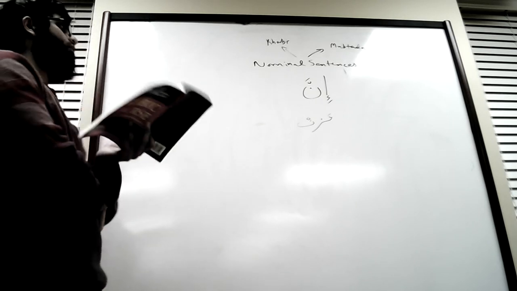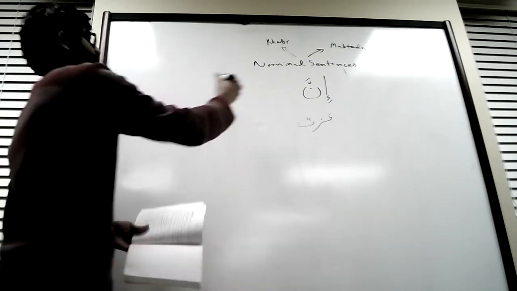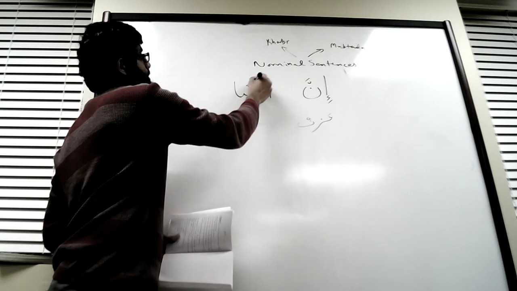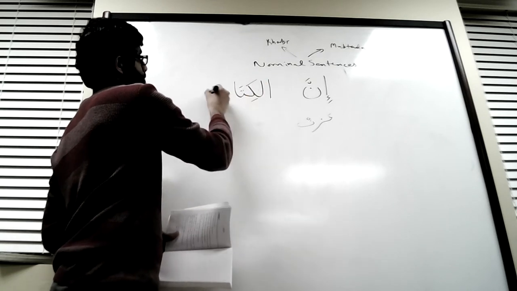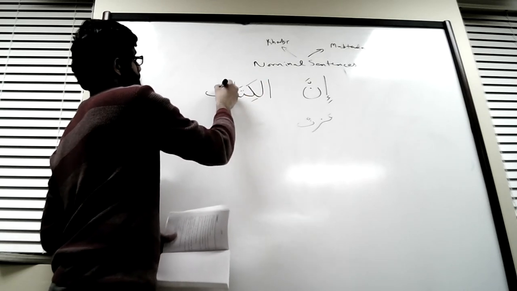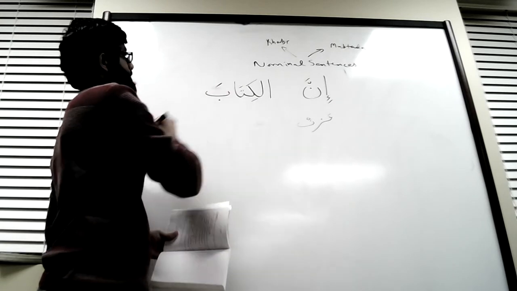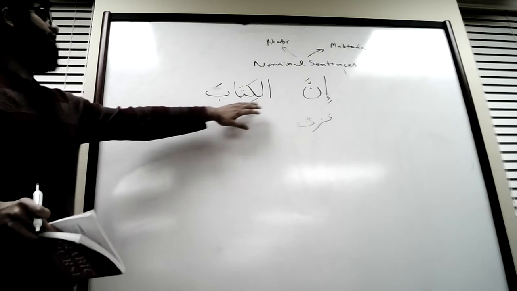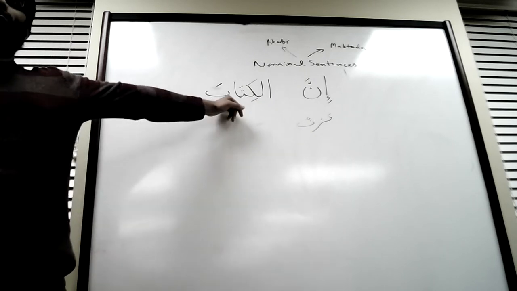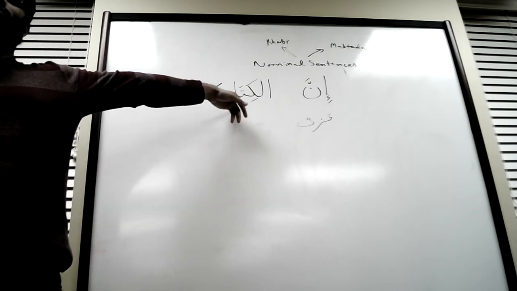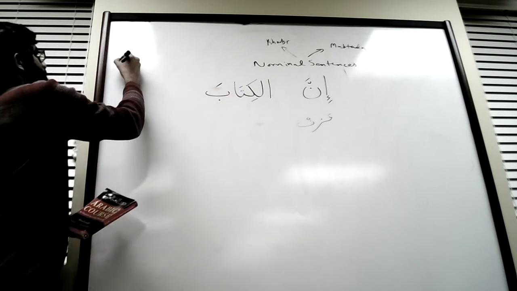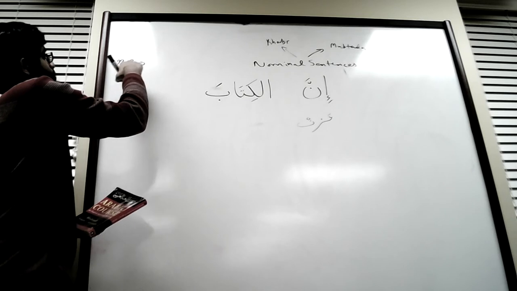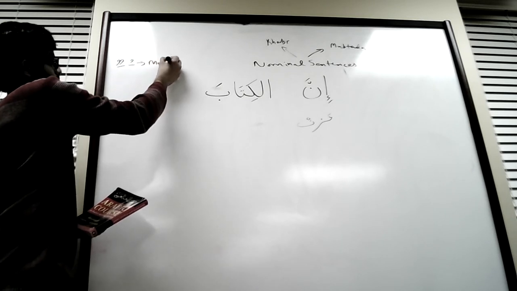So the first thing they said is that the noun that follows inna is mansub. What's mansub? Well, the fatha, right? So let's go over this again. What's 2 dhammas or 1 dhamma? Marfu'.